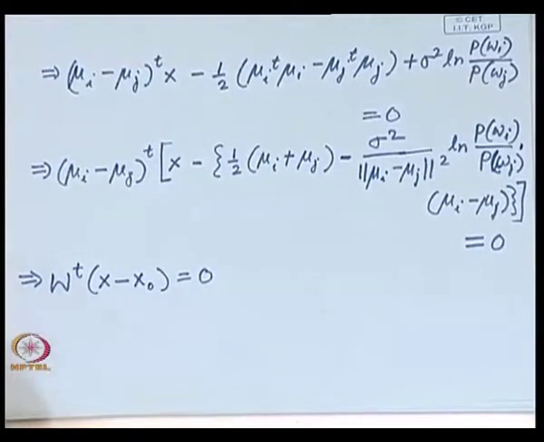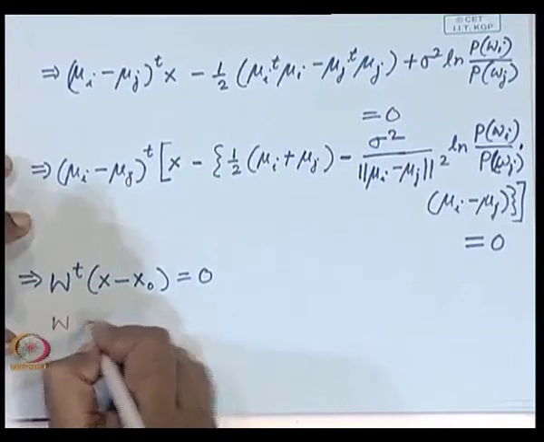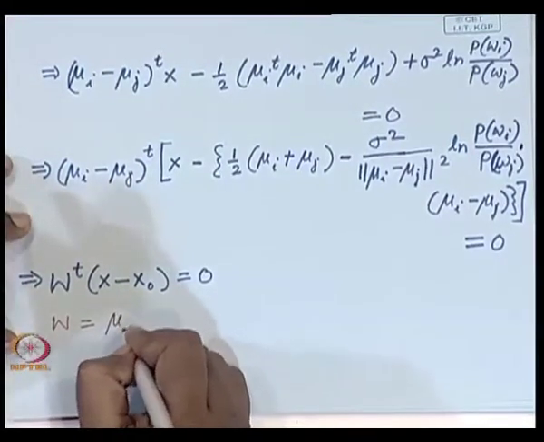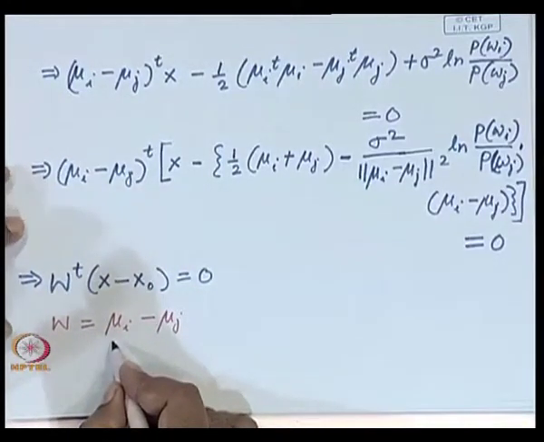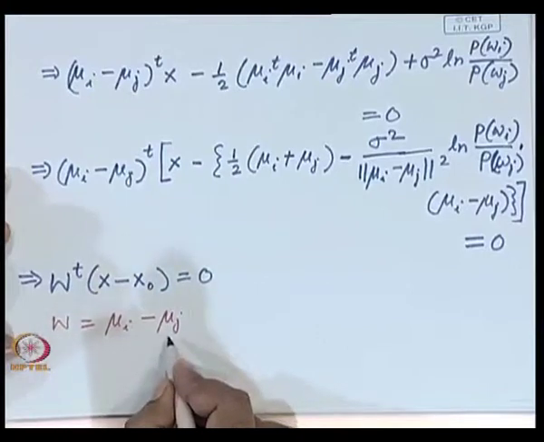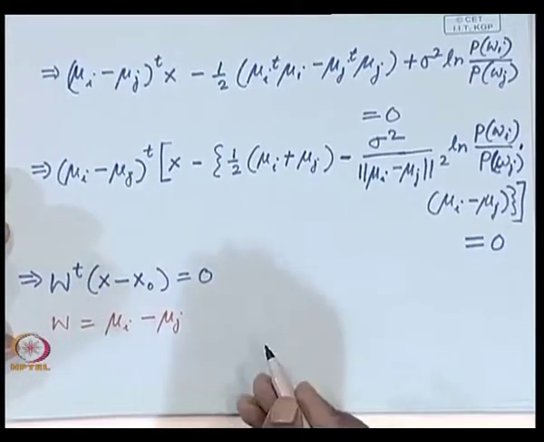Where this term W is nothing but mu_i minus mu_j, where mu_i is the mean vector of the ith class and mu_j is the mean vector of the jth class.